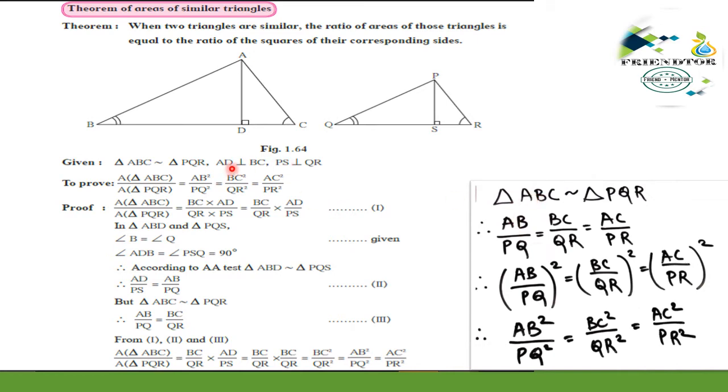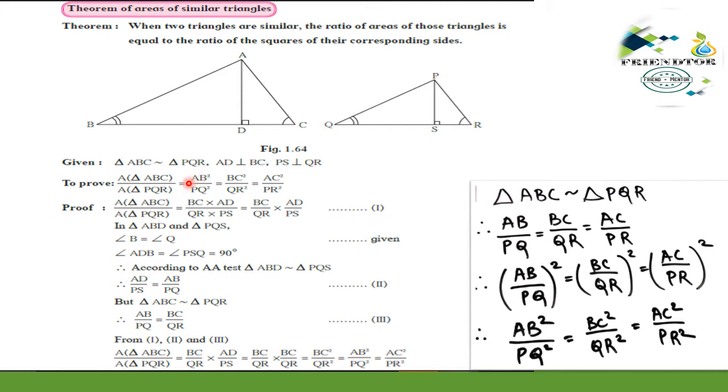Next, we drew a height of this triangle, that is AD perpendicular to BC, and here also we drew the height of this triangle, PS perpendicular to QR. Now to prove: area of triangle ABC upon area of triangle PQR, we are proving that the ratio of the areas of these two triangles is equal to the ratio of squares of their corresponding sides.